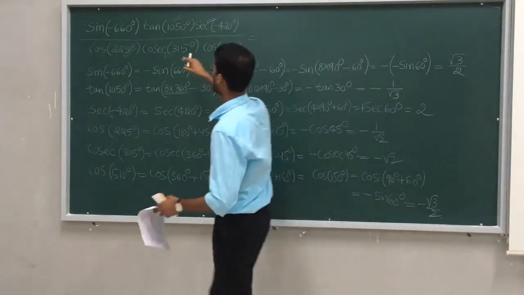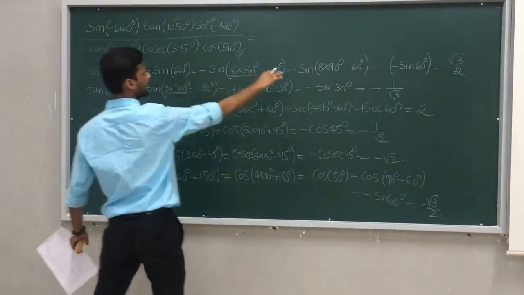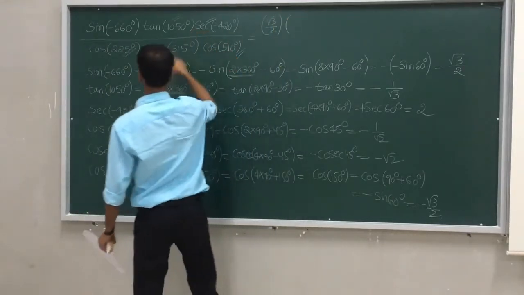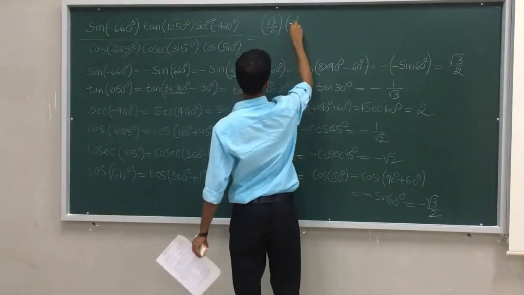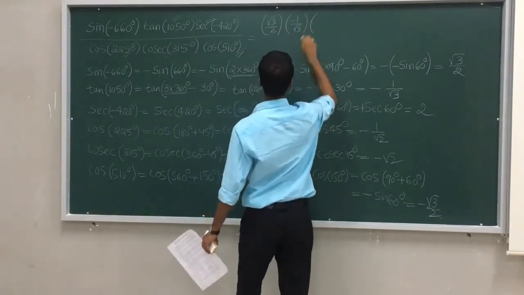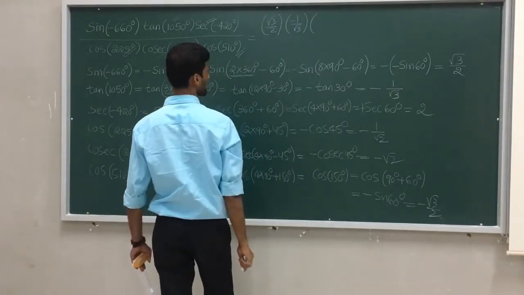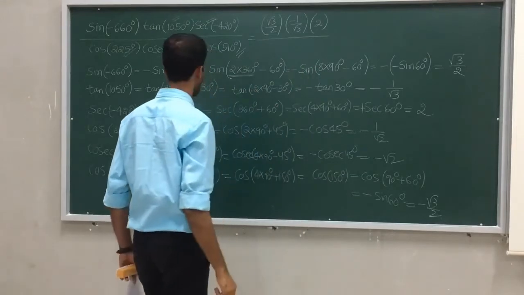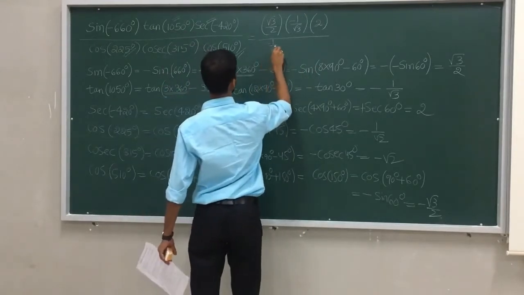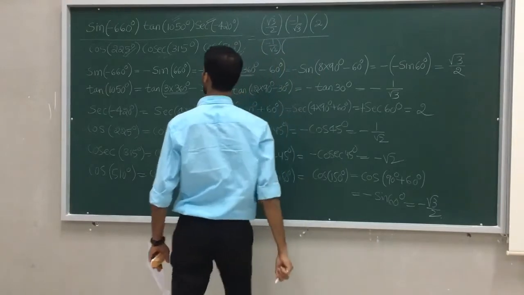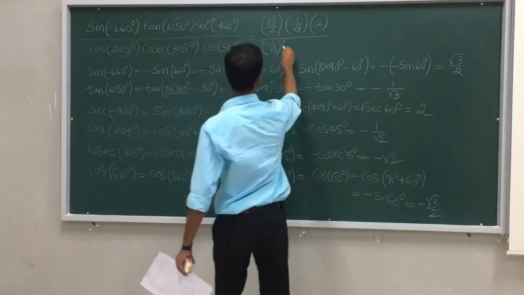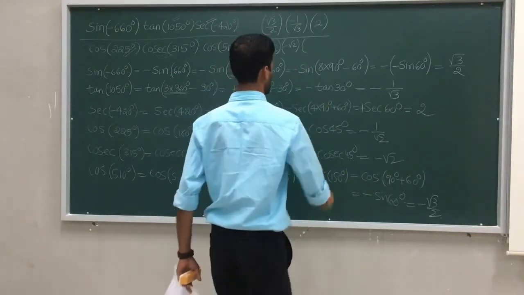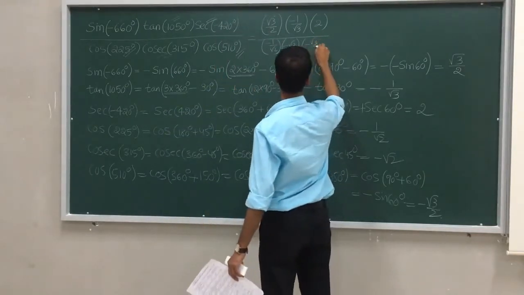So if I put sin of minus 660 degree, the answer I got is root 3 by 2, into tan of 1050, which is minus 1 by root 3, into secant of minus 420, its answer is 2, divided by cos of 225 degree, which is minus 1 by root 2, into cosec of 315 degree, its answer is minus root 2, into cos of 510 degree, its answer is minus root 3 by 2.